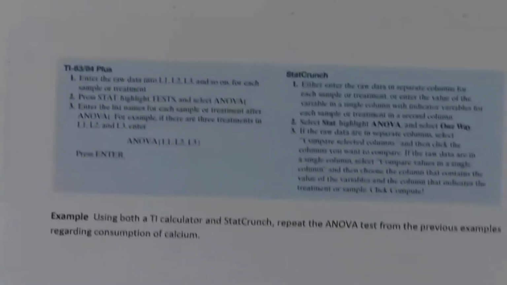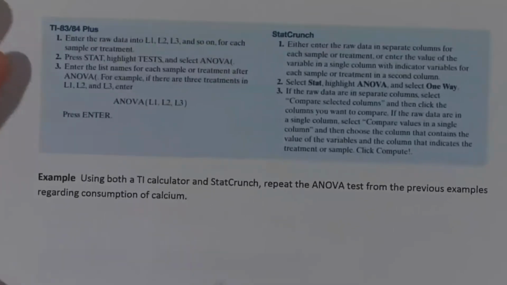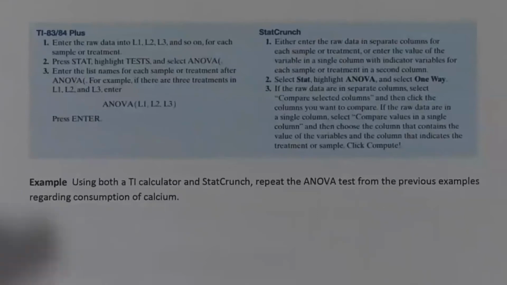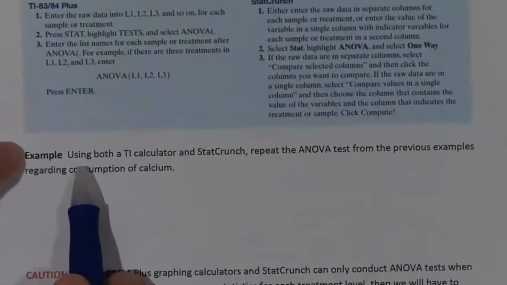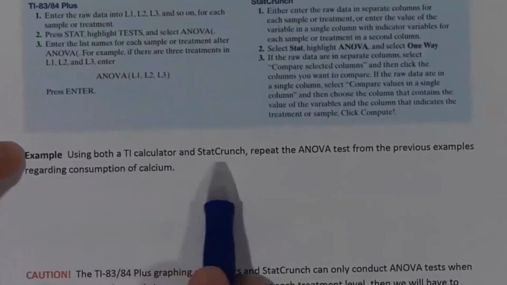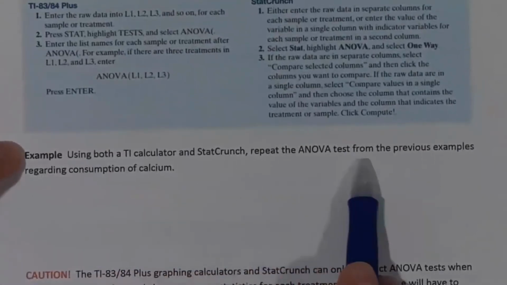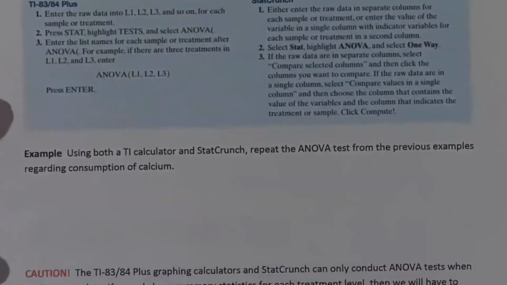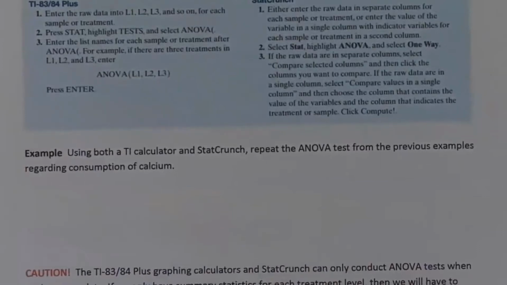Now, on the next page of the notes here, I have included steps on how we can do ANOVA tests using both our calculator and StatCrunch. So, example: using both a TI calculator and StatCrunch, repeat the ANOVA test from the previous examples regarding consumption of calcium. So the same data.